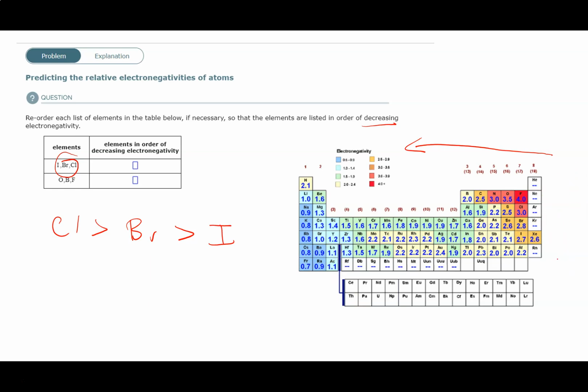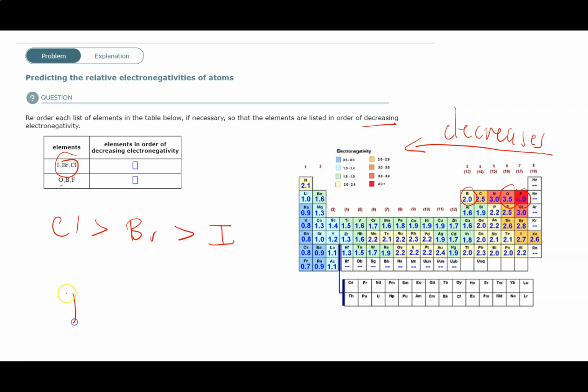Okay, so now we've got oxygen, boron, fluorine, and we see that they are all in the same period. We know that electronegativity decreases as we move to the left across a period.